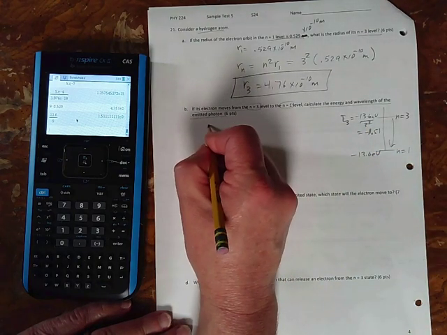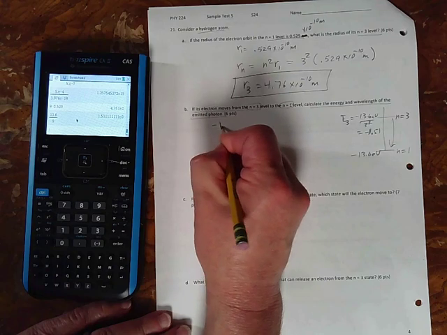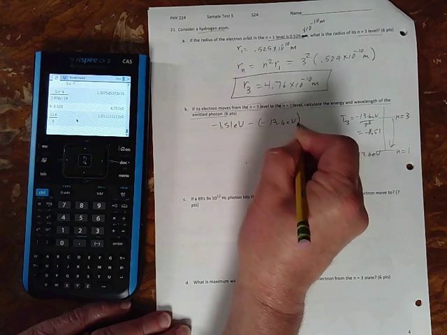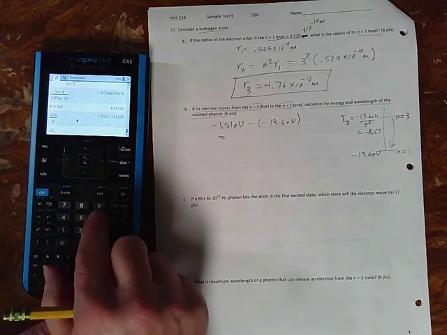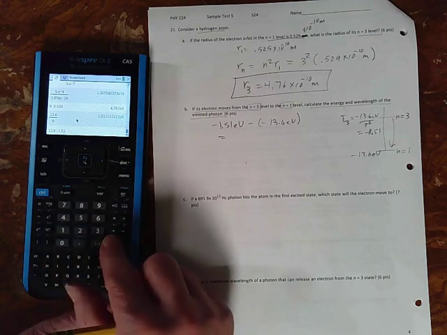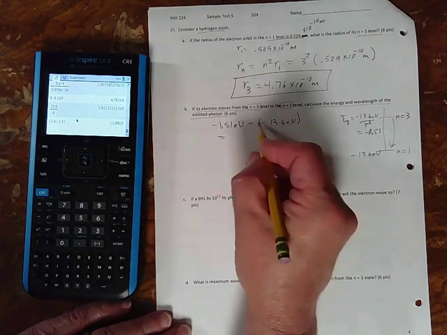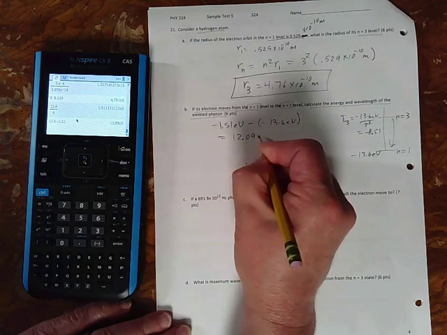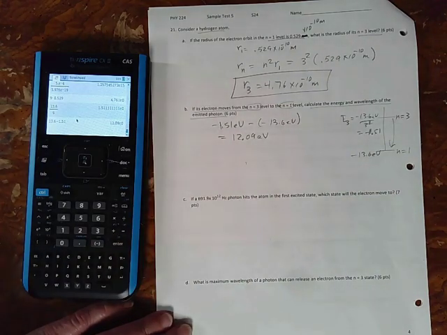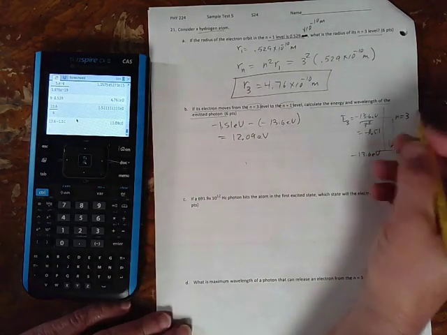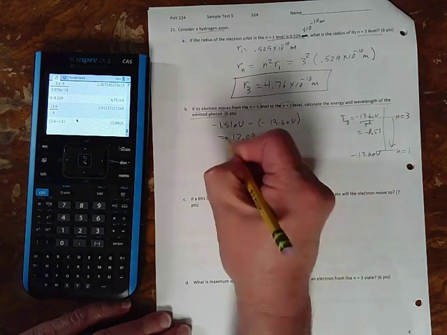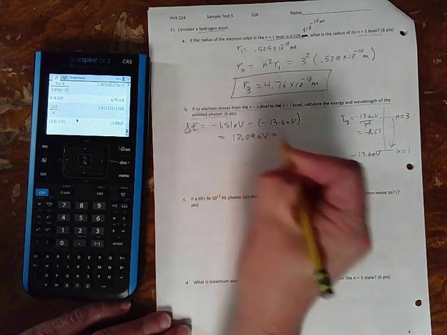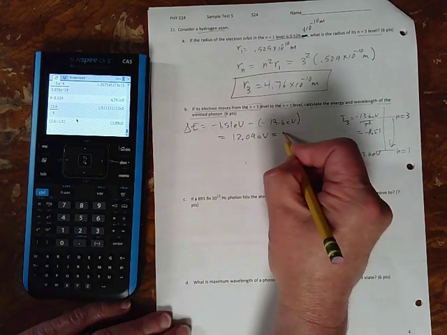Anyway, we want to just take the difference of these two. So negative 1.51 eV minus negative 13.6 eV, which is the same as 13.6 minus 1.51, because minus a minus makes a plus. So we have 12.09 eV, which is how much energy the atom loses, which is what the photon gains.